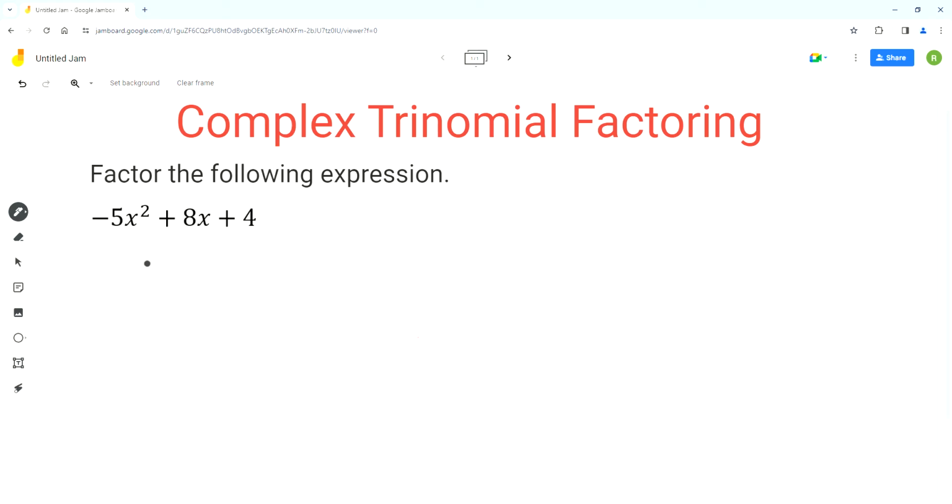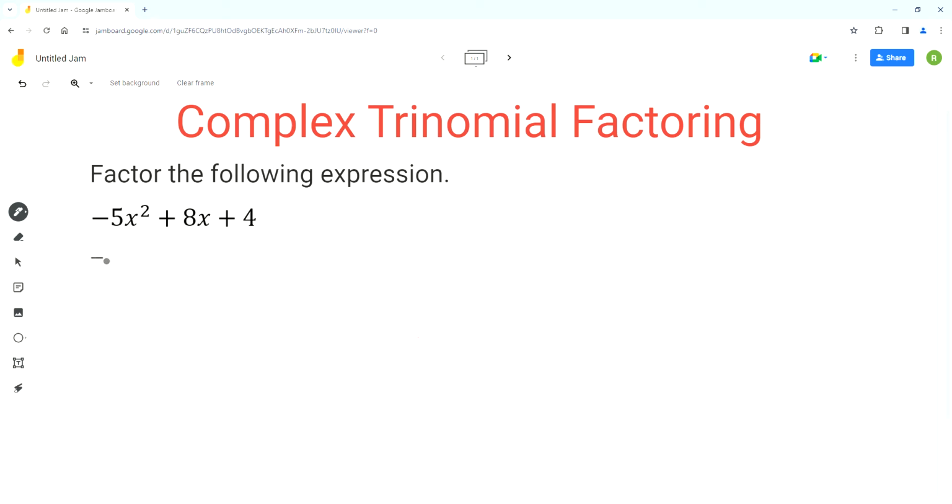Now in order to factor this expression, the first step here is to do common factoring to factor out this negative sign. Because if we factor out this negative sign, it will become easier to use the decomposition method to factor the expression.